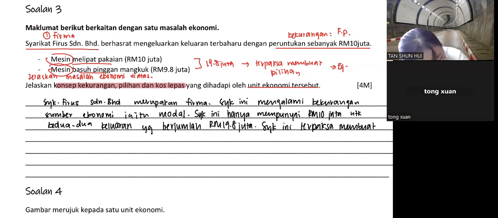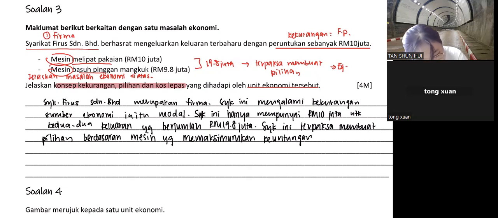Now, how do they membuat pilihan? They are a company. Company always prioritizes profit. So syarikat ini terpaksa membuat pilihan berdasarkan mesin yang memaksimumkan keuntungan.